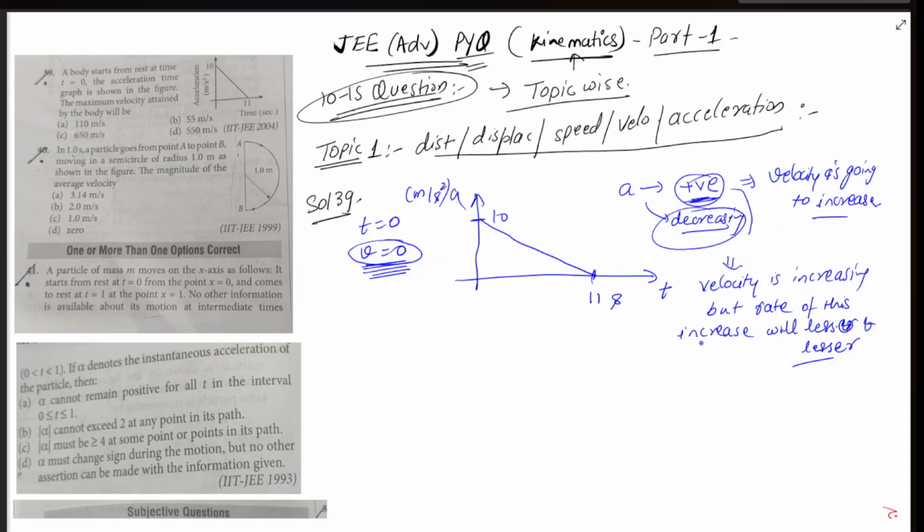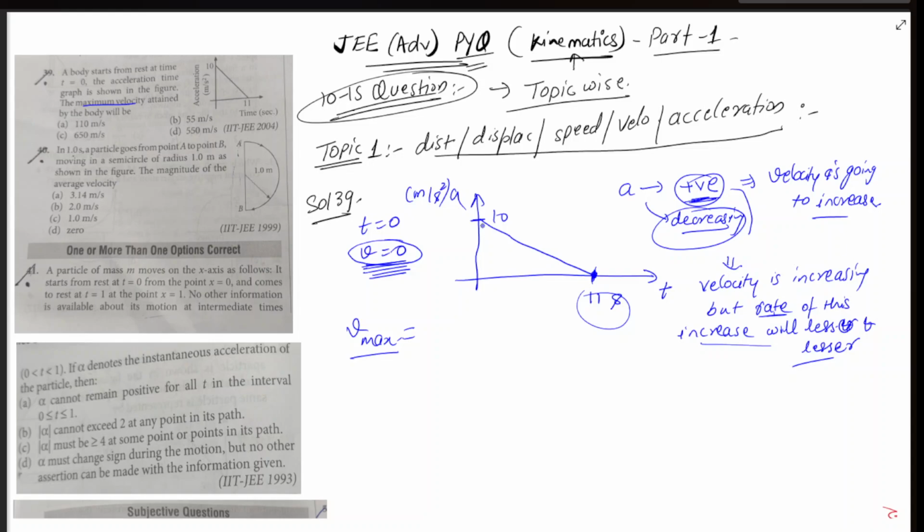We do not care about the rate. We only care about what we have to find, the maximum velocity, v max. So where will it be? Velocity is increasing, so velocity will be at maximum at t equal to 11 seconds. That's it.